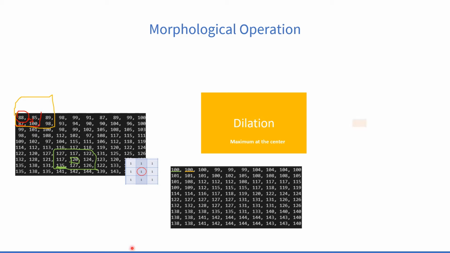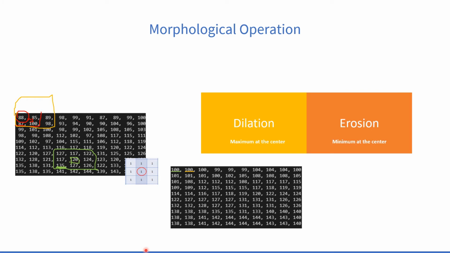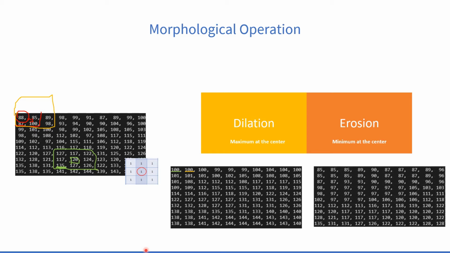Erosion follows the same principle, the same action, but instead of taking the maximum, it takes the minimum. Here is another example. I take the same 120, and I take the surrounding neighbor pixels and check which is the minimum value of all, the smallest value.